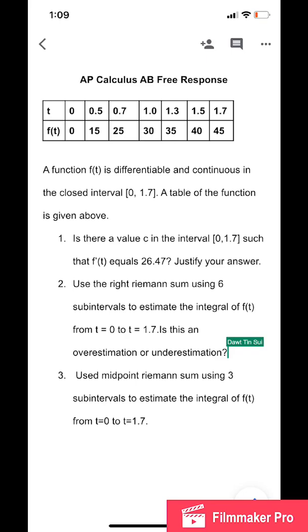So in order to receive the point for correct work, you had to start from the right, not from the left, meaning you had to start from 45 down to 15. So it would look something like this.